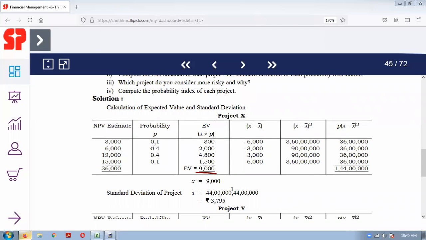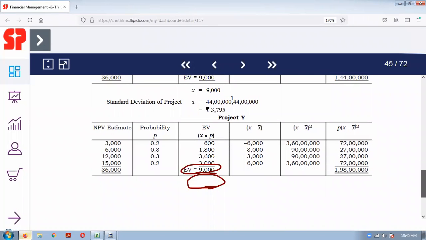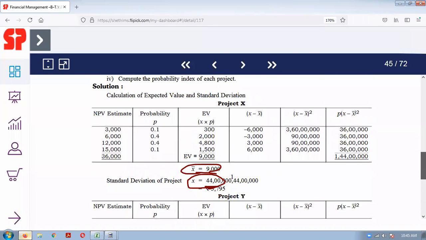Simple, multiply the corresponding probability value and add those values. You will get the expected NPV for project X. And for project Y, it is again 9,000 expected NPV. Clear?